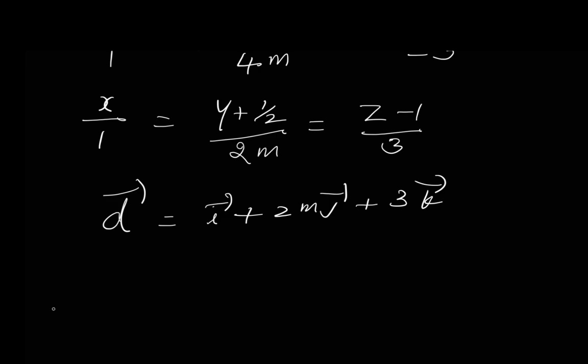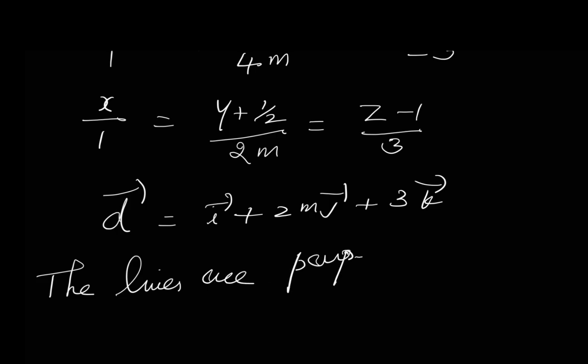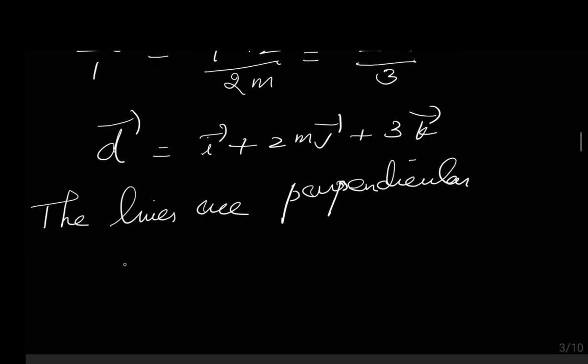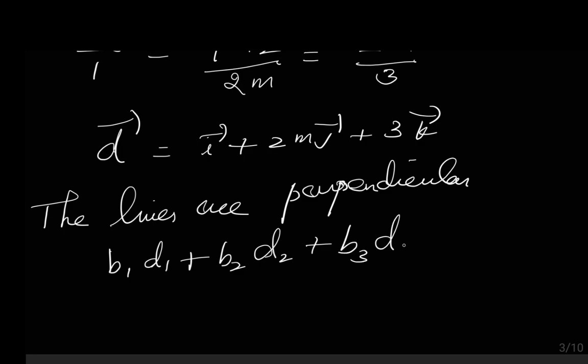So according to the given condition, the lines are perpendicular. They are given, so this condition is satisfied: b1 d1 plus b2 d2 plus b3 d3 is equal to 0.